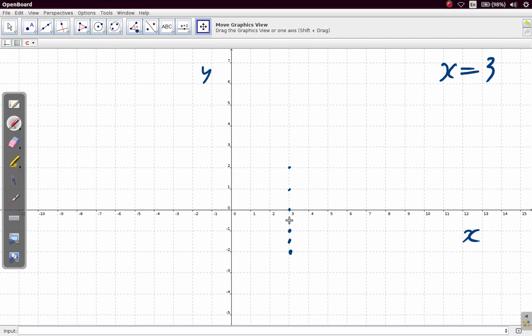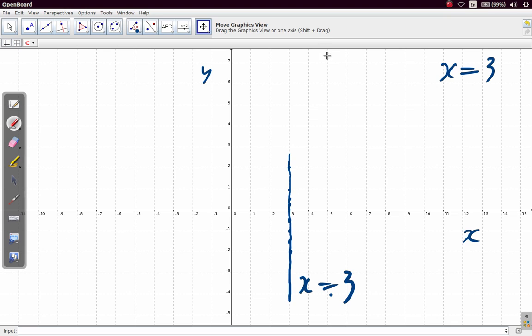Right here, y is a half, x is 3. Right here, y is a quarter, but x is 3. So no matter what you do, the line will be like this. This is the line x equals 3.